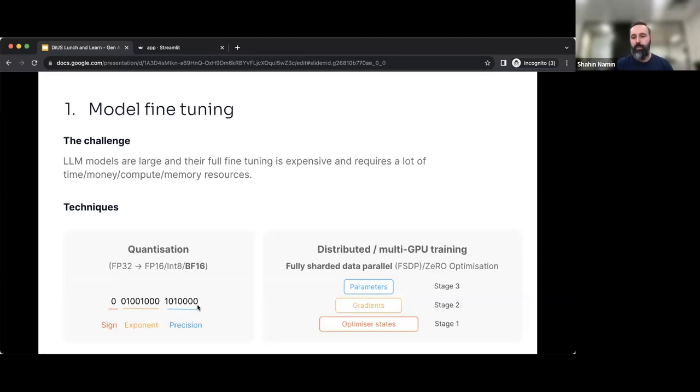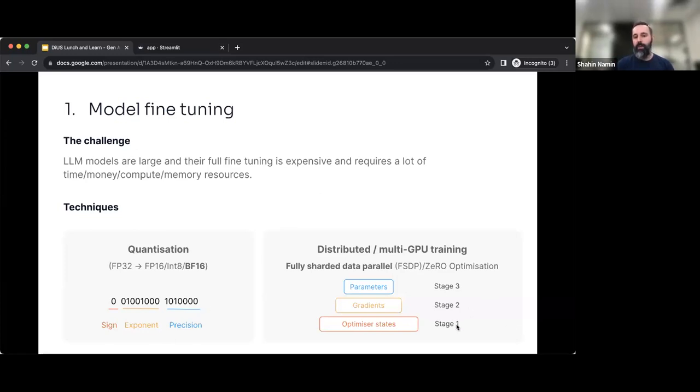So the ZeRO optimization goes and shards this memory and splits it into different GPUs. So basically, when you are using multi-GPU, you are losing some speed of training these models, but the trade-off is that you can train a much larger model.